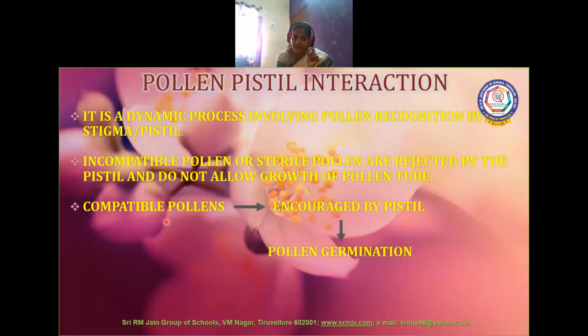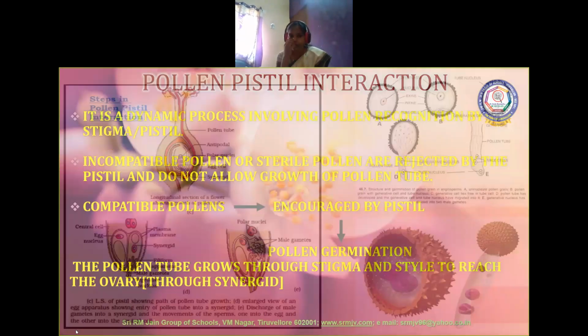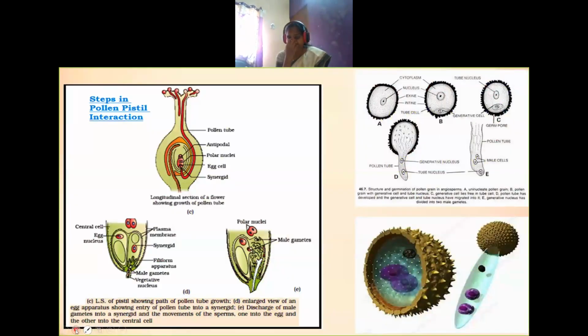If it is compatible, the pistil encourages pollen germination, so that the pollen tube will be formed and reach the ovary to release its germ cells. Before going deeper, we will see the structure of the pollen grain. We have already learned this. This is the pollen grain, which undergoes mitotic division to form these two cells.